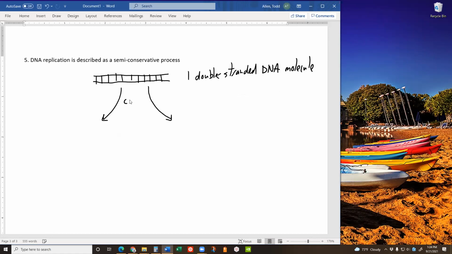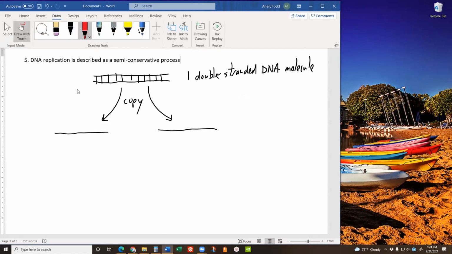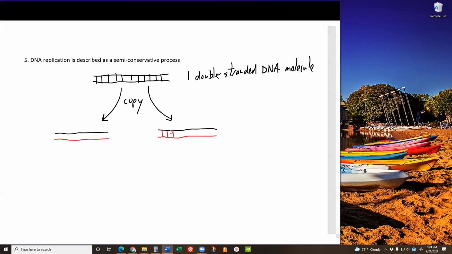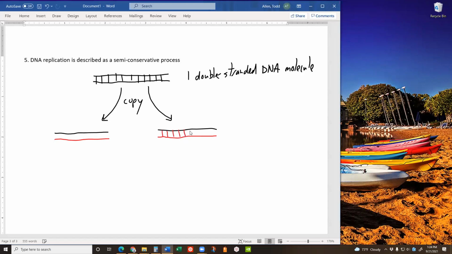So we copy this molecule, and as we do so, we're going to end up with this, where we now have 2 molecules of DNA, where each molecule of DNA has 1 strand from the original DNA molecule and 1 newly manufactured strand, which I'm color coding red. The black is the original strand and the red is the newly synthesized strand.